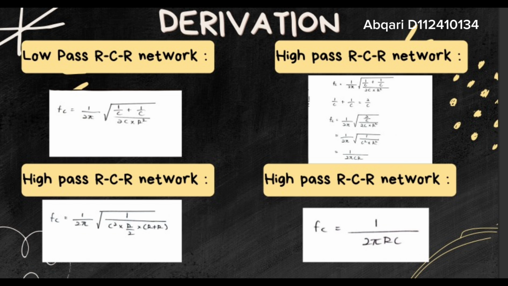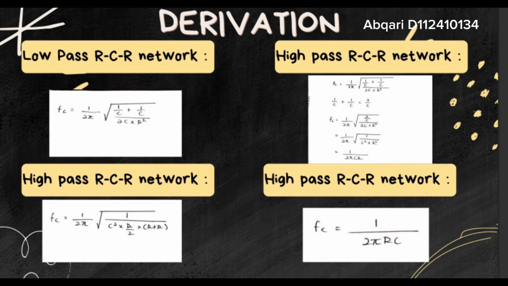Like we could see at the front, fc equals 1 over 2 pi, square root of 1 over C plus 1 over C over 2C multiplied by R squared. Firstly, we will solve 1 over C plus 1 over C equals 2 over C. And then fc equals 1 over 2 pi, square root of 2 over C over 2C multiplied by R squared.